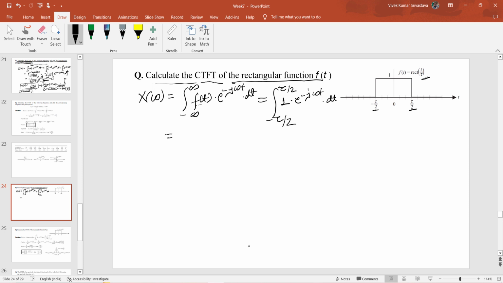So now you can evaluate the integral: e raised to the power minus j omega t over minus j omega, and now put the limit of integration from minus tau by 2 to tau by 2. So this will be equal to minus 1 over j omega times e raised to the power minus j omega tau by 2 minus e raised to the power j omega tau by 2.